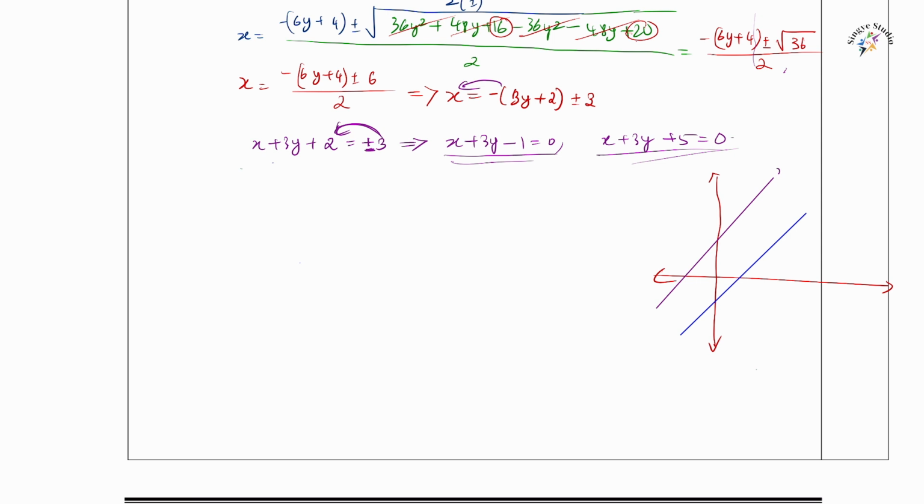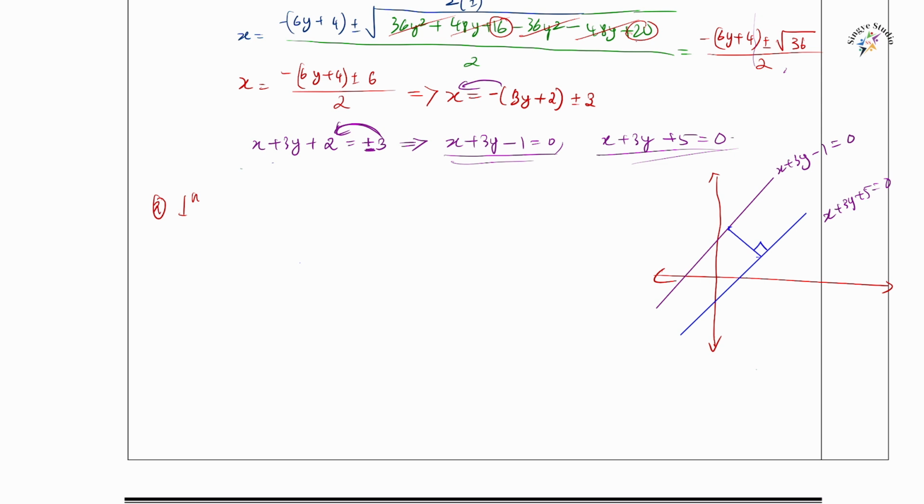The first one is x plus 3y minus 1 equals 0, and the second is x plus 3y plus 5 equals 0. We are told to find the perpendicular distance between these two lines.